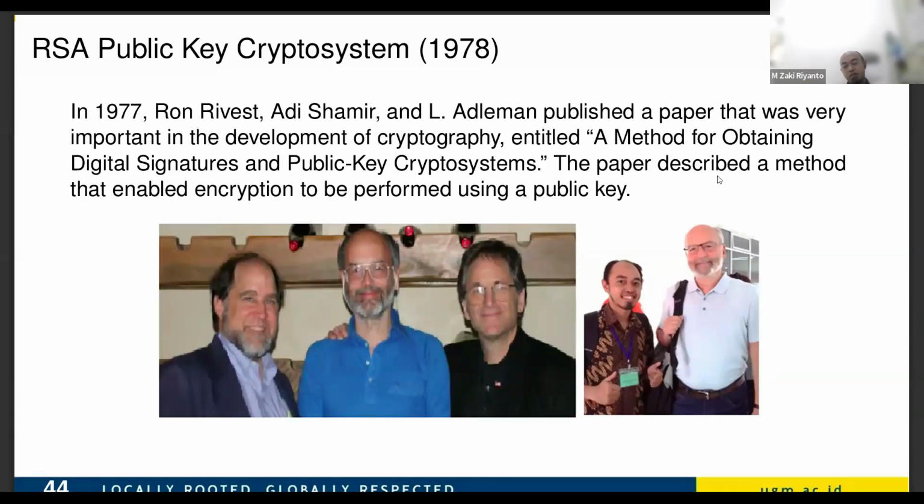In that paper, they describe a method that can encrypt a message, a plain text, using a key that is public. So here, we use the terms public key and private key.